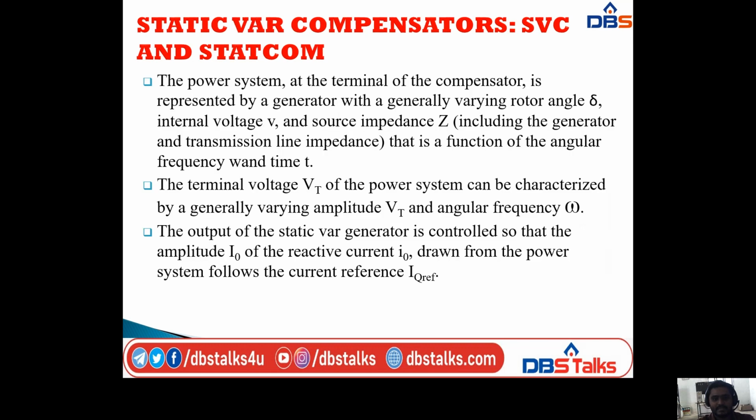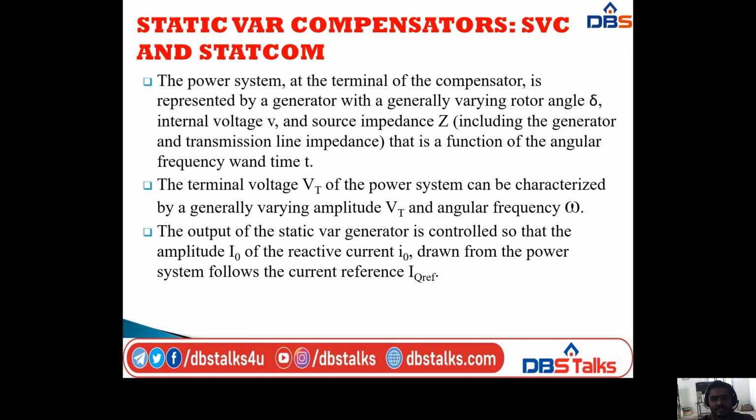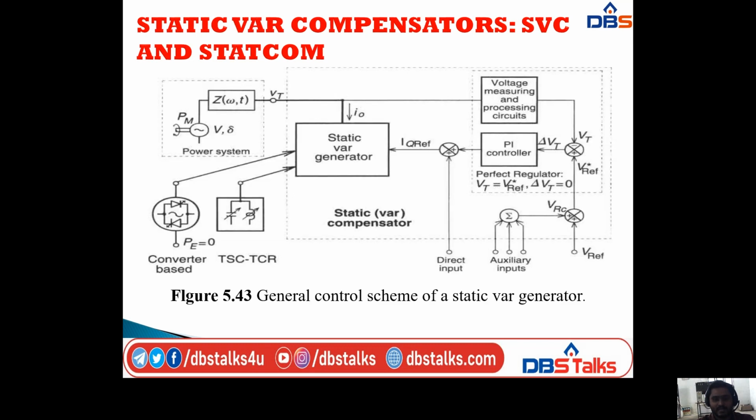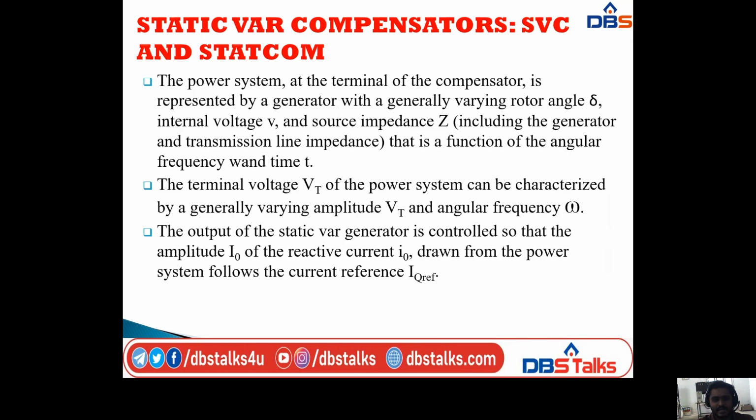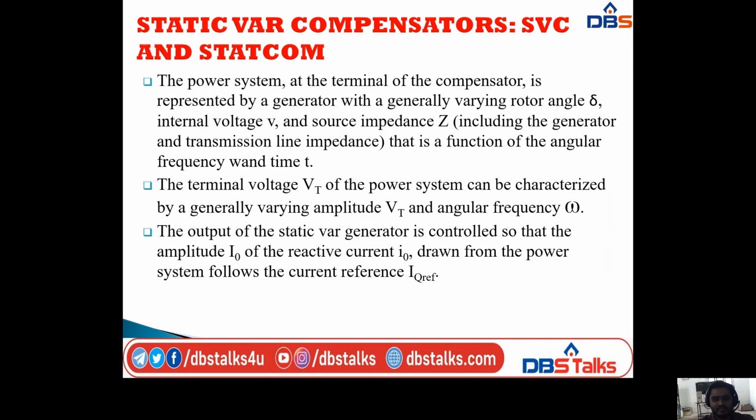The compensator is represented by a generator with a generally varying rotor angle delta and internal voltage V, that is V comma delta, and source impedance Z. It includes the generator and transmission line impedance, which is a function of the angular frequency omega and time t.